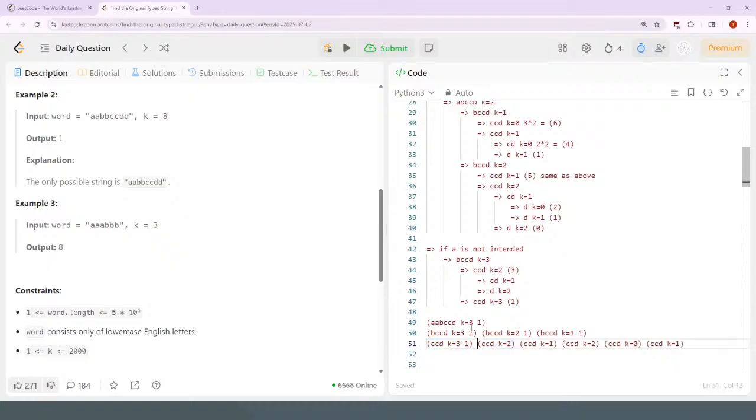And then CCD transitions to this one, but this one's a duplicate of this one. So maybe that bumps it to 2. And then this one transitions to these two, but this one's a duplicate of that one. So that's 2 here and this other one here.